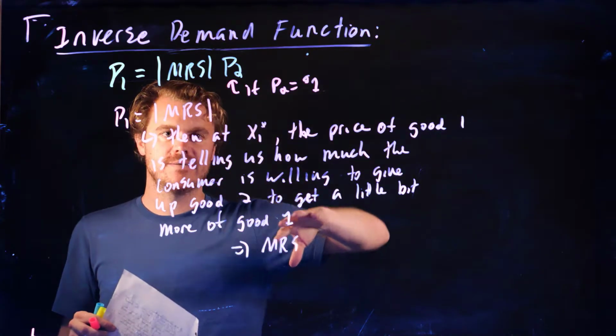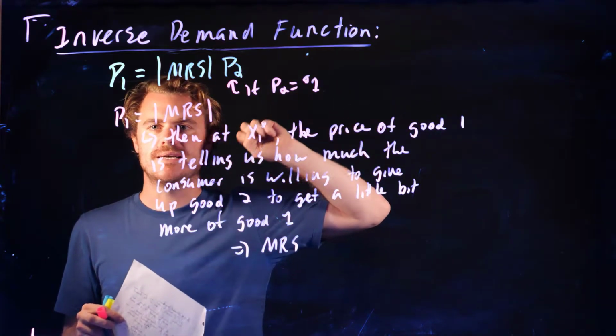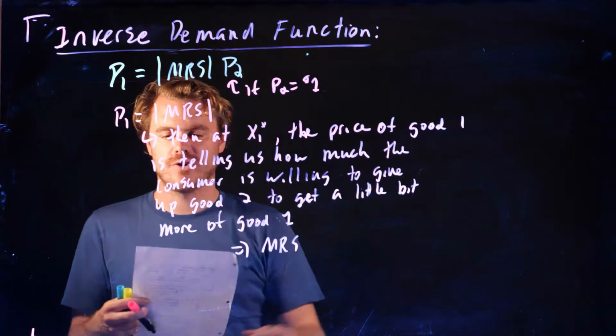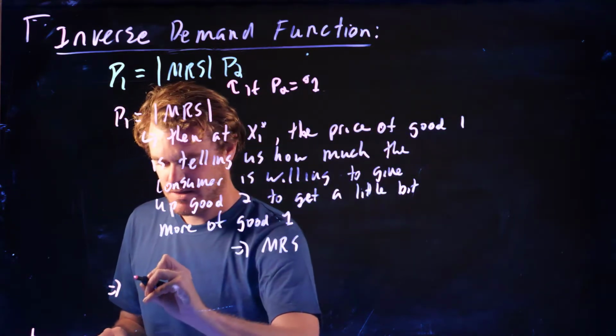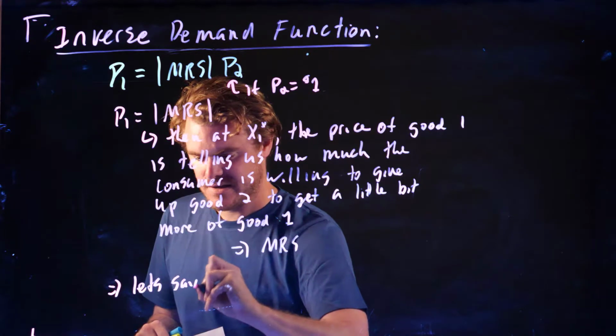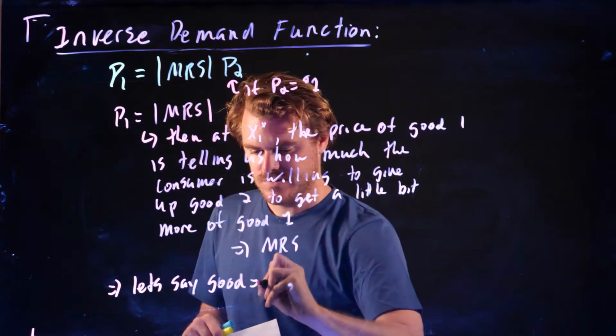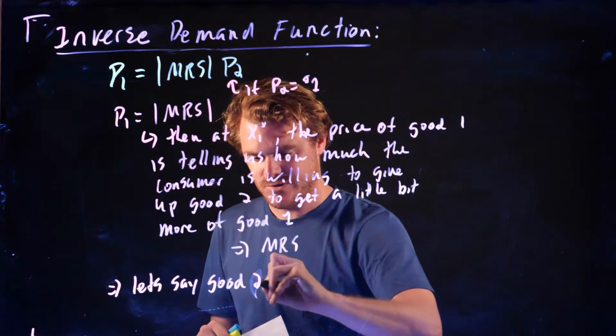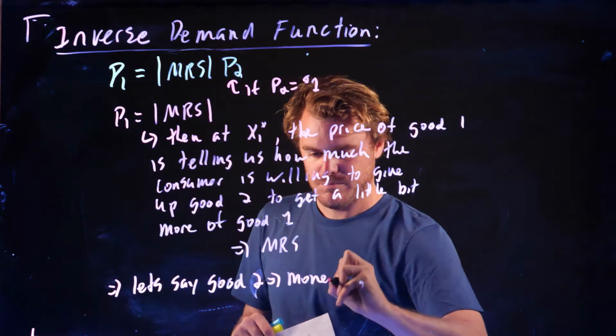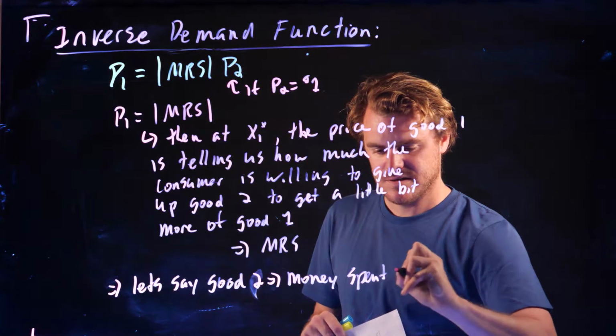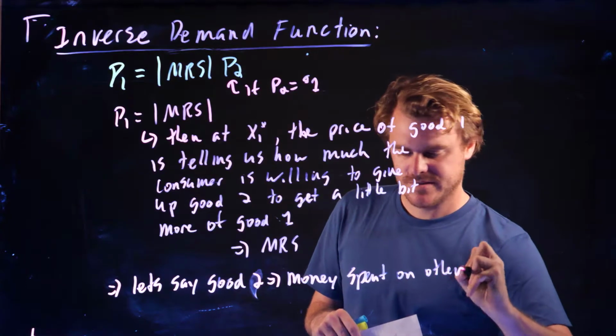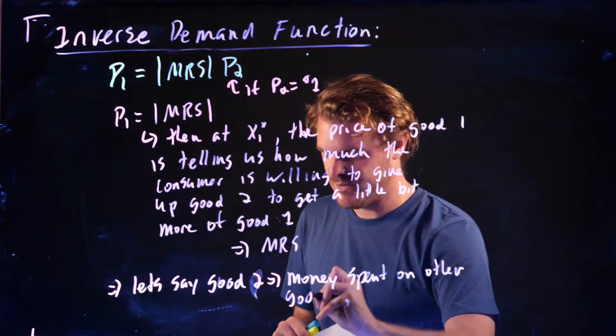And so now let's think about, what if good two is money that we're spending on other goods? Let's say good two is money spent on other goods, so anything else but good one.